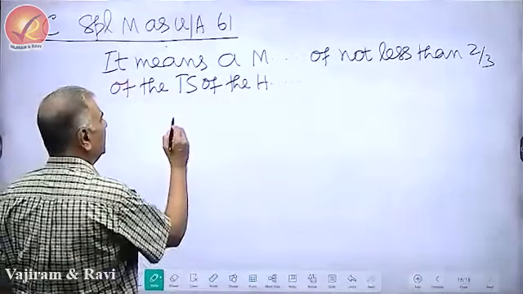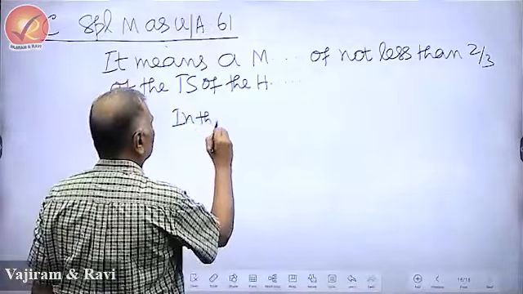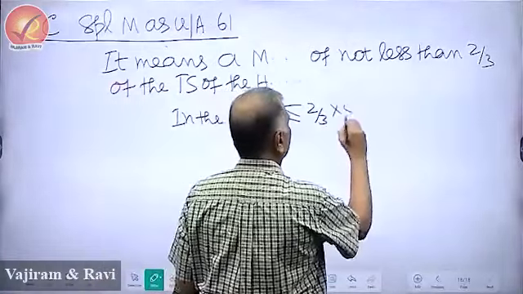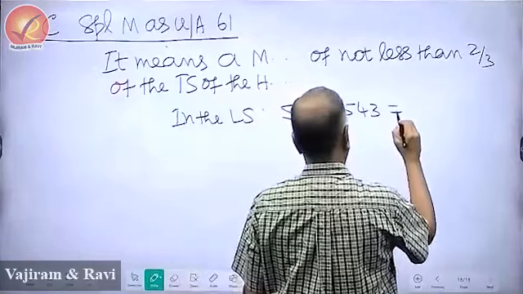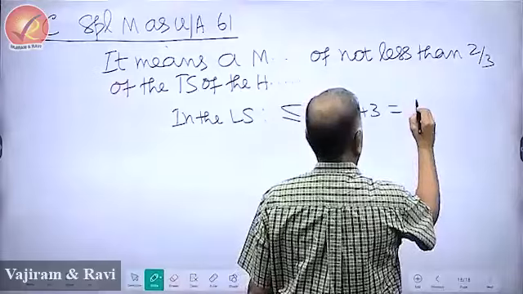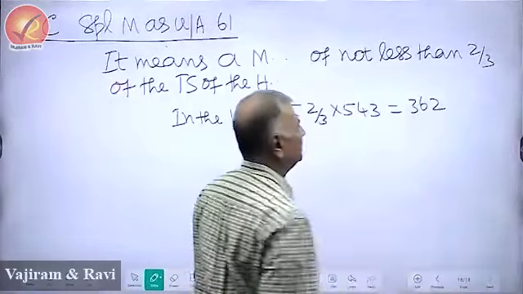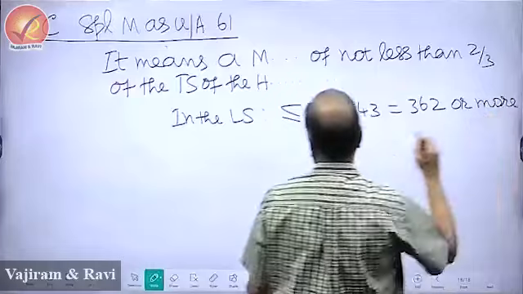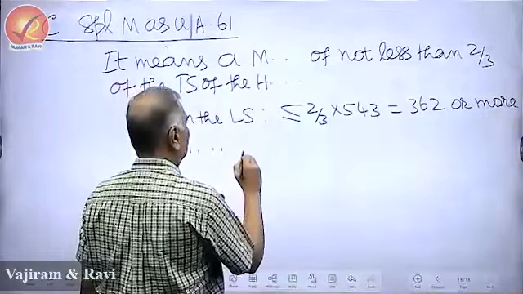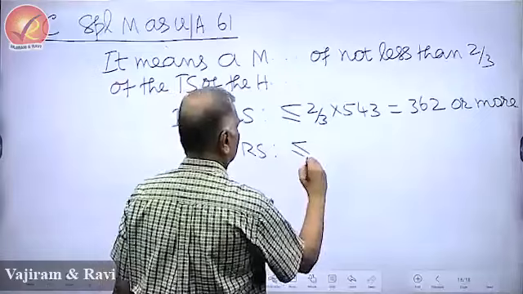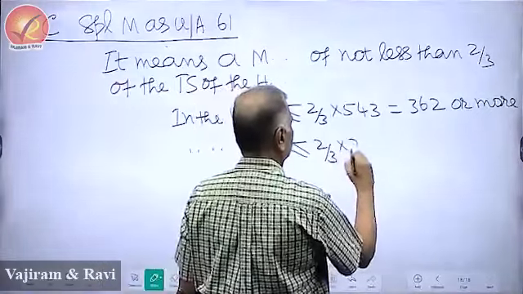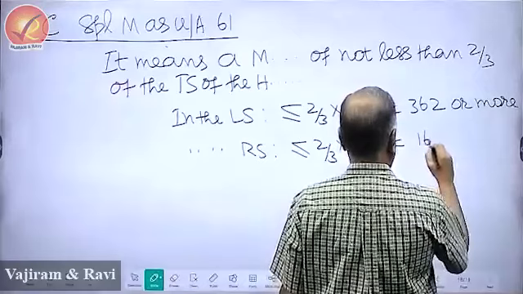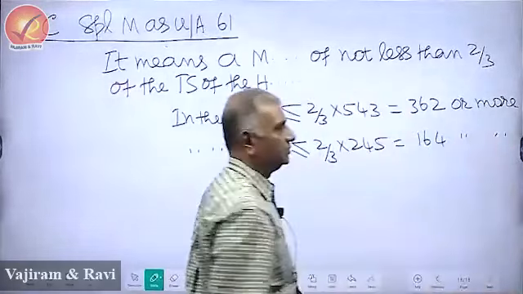So this majority in the Lok Sabha means what? Not less than 2/3 of 543, which is equivalent to 362 or more. And in the Rajya Sabha, it means 2/3 of 245, 164 or more.